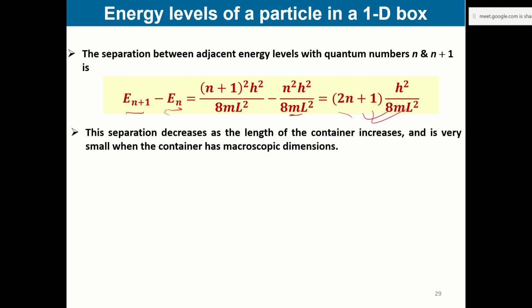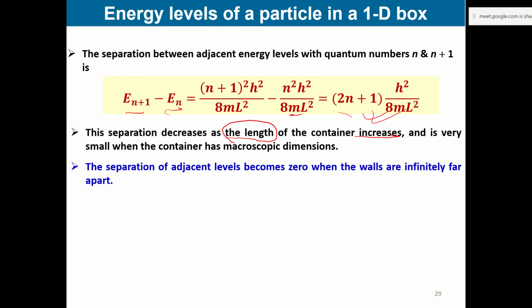As the length of the box is increased gradually, the energy gap will decrease. If the length becomes infinite, at very large distance the separation will be so small that the energy will appear to be changing continuously. So the normal classical picture emerges from that.